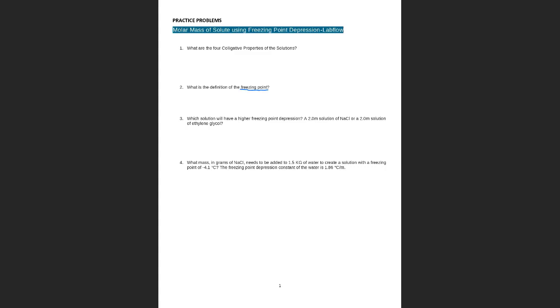We kind of knew it, but we have to remember that at this temperature, when we are at the freezing point, the solid and the liquid are in equilibrium. So that is important to remember too. Any questions?